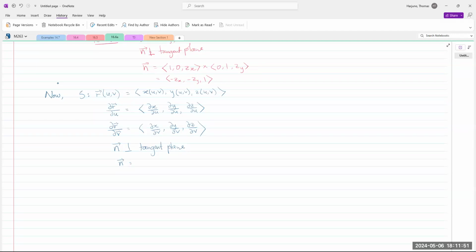That will be dou r dou u cross dou r dou v, or we may just use the subscript notation r sub u cross r sub v. Okay, let's do an example. Example 9. Let me copy paste from the book.